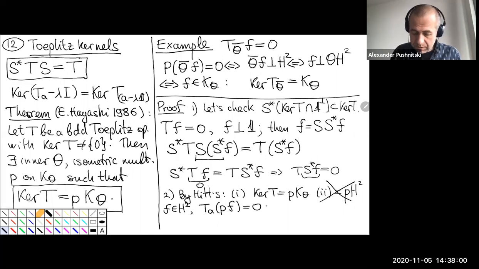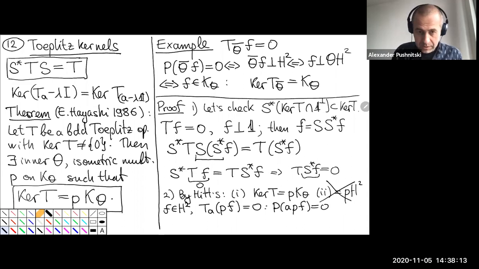So this means that P applied to A p f equals 0. That means that A p f is orthogonal to H2, so it is in this space, right?